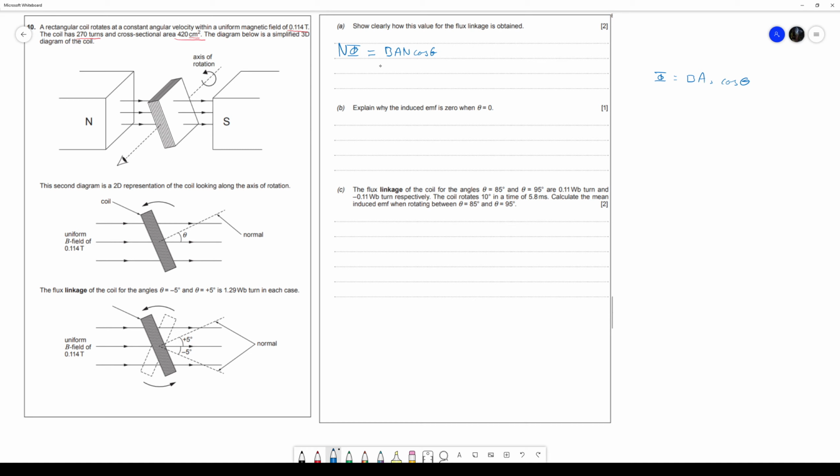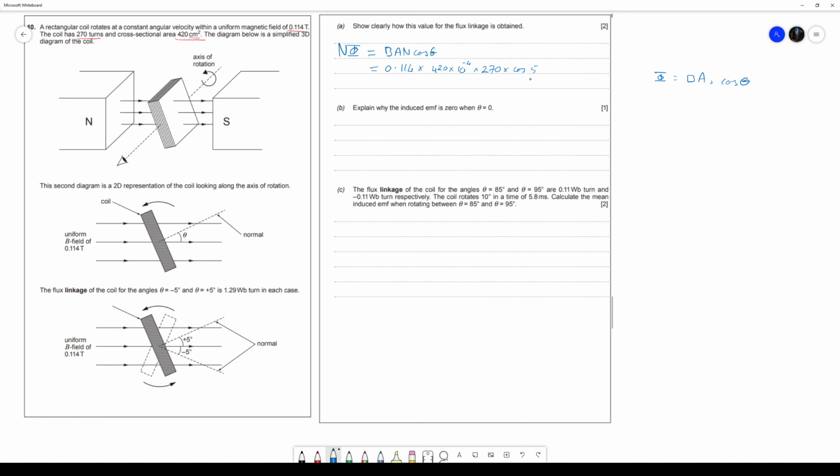So in this case, plugging in the numbers, 114 times, really careful here, 420 centimeters squared. So in meters squared, that's 10 to the minus 4. Number of turns, 270, times the cosine of 5 degrees.